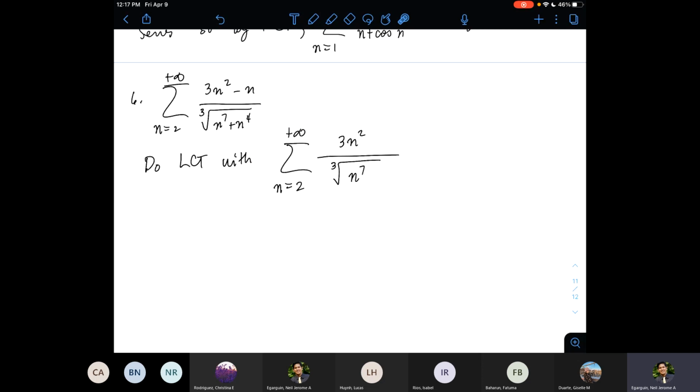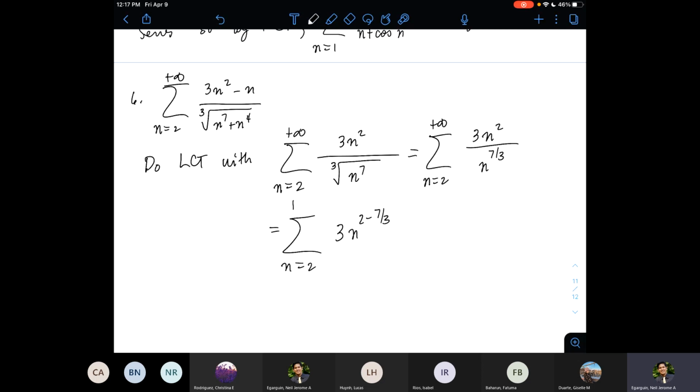Now for the LCT, or actually for both comparison tests, I need to know whether my testing series is convergent or not. So I need to determine if this will converge. Playing with laws of exponents will allow us to write it as 3n squared over n to the 7/3, or in simpler terms, 3n to the 2 minus 7/3.